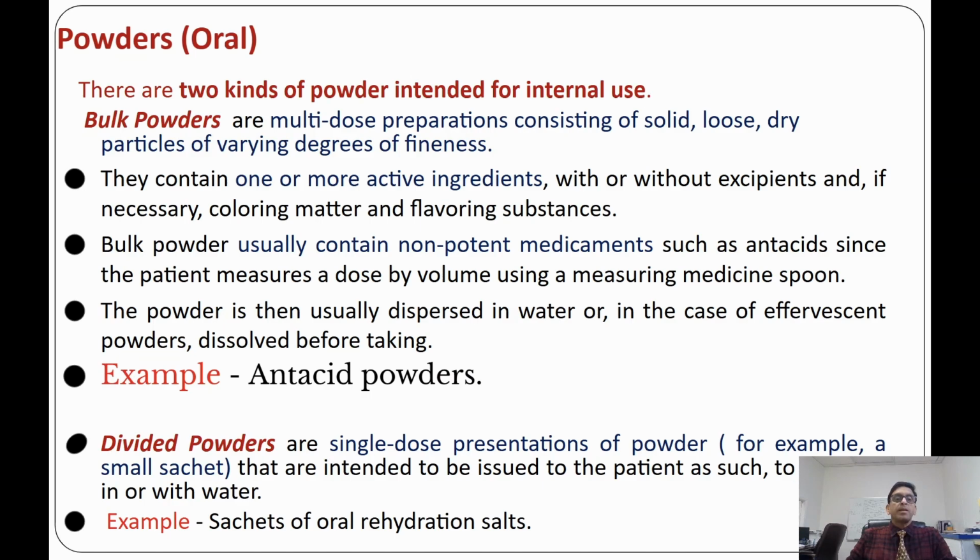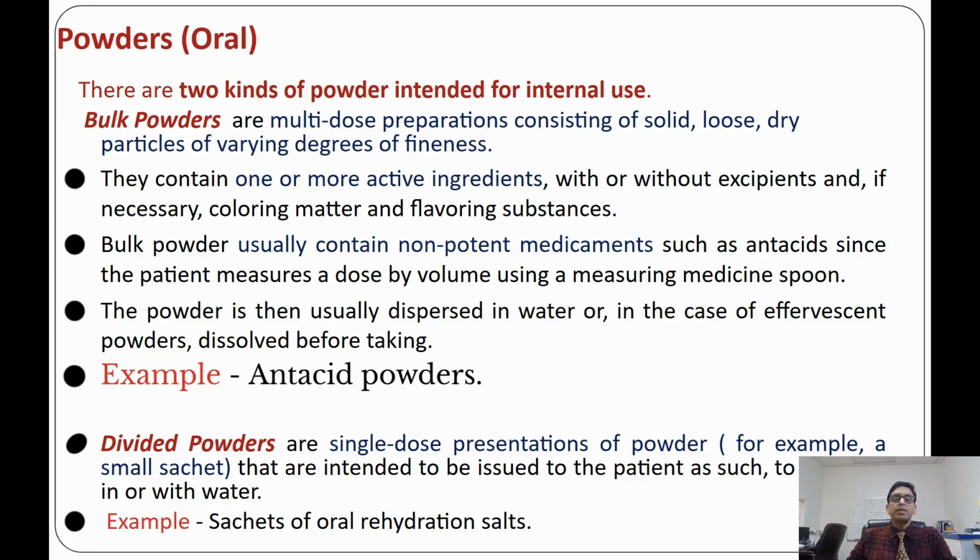Powders. There are two kinds of powder intended for internal use. They can be considered as a bulk powder. Bulk powders are basically a multi-dose preparation consisting of solid, loose, dry particles of varying degrees of fineness.